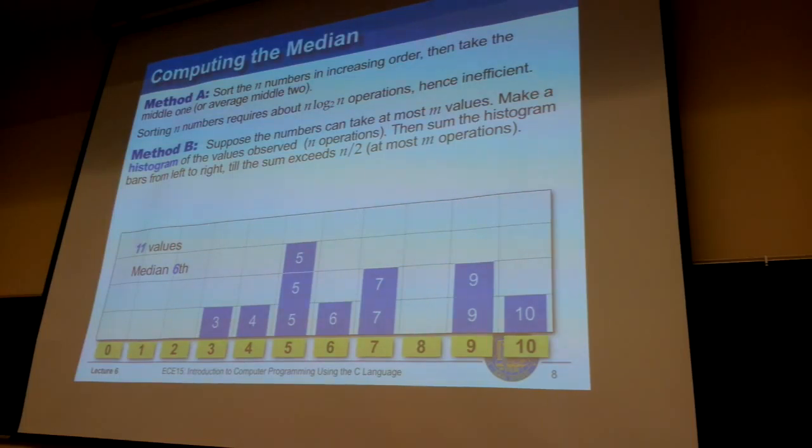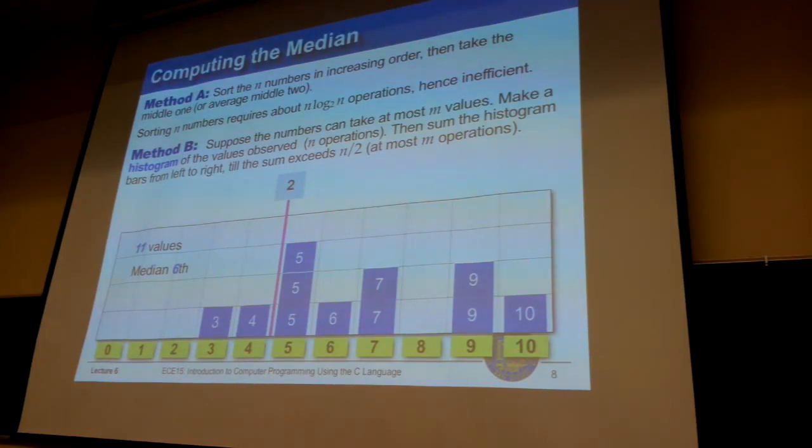So we just need to sum up our histogram here. We're at 0 for these first few sums. Then we get to 3, we add 1. Get to 4, add another one, we're at 2.